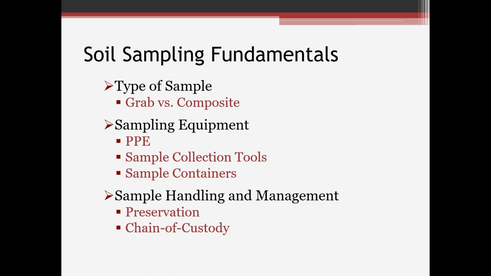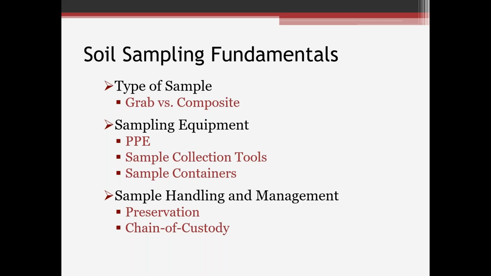Both of them have their benefits and drawbacks, and depending on the application, you're going to choose one or the other. Composites are nice if you're looking to get a bit more information, a bit more coverage, but a little bit less costly on the analytical program. Grabs could give you better information as far as, is there any specific point where we might go above regulatory standards?